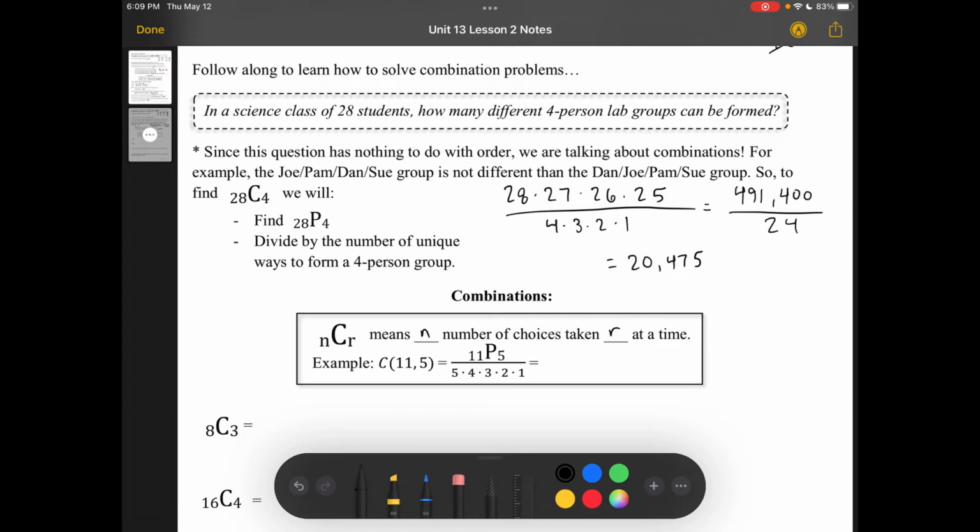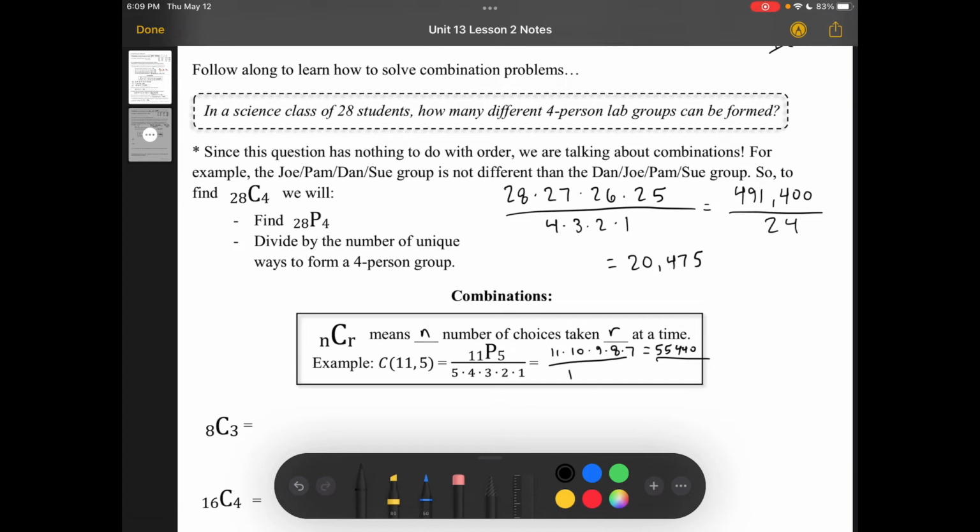So 11 choose 5 would be 11 times 10 times 9 times 8 times 7, which is 55,440, over 5 times 4 times 3 times 2 times 1.